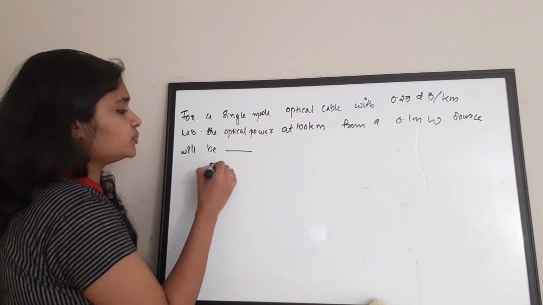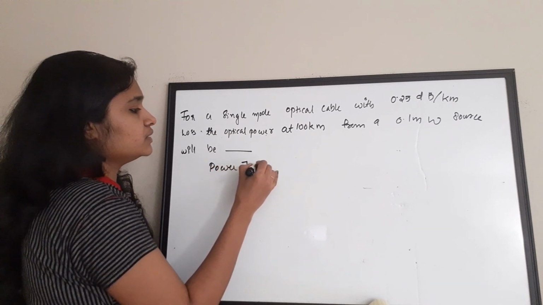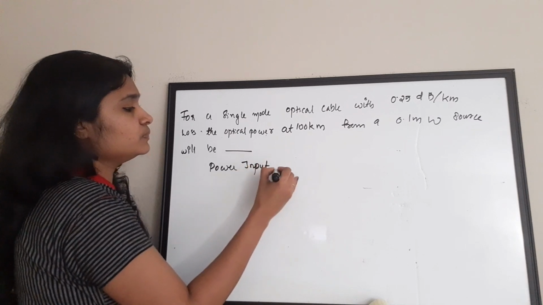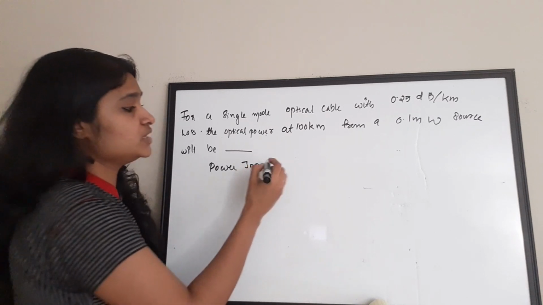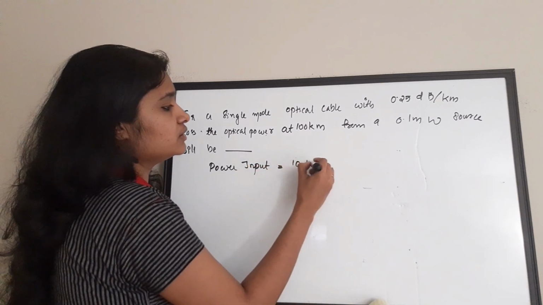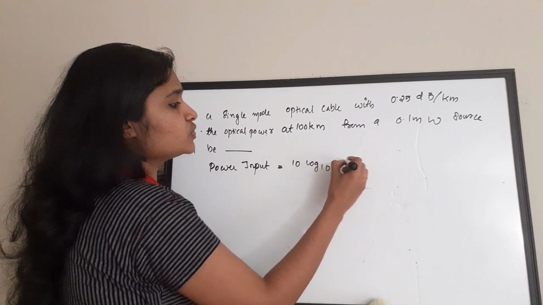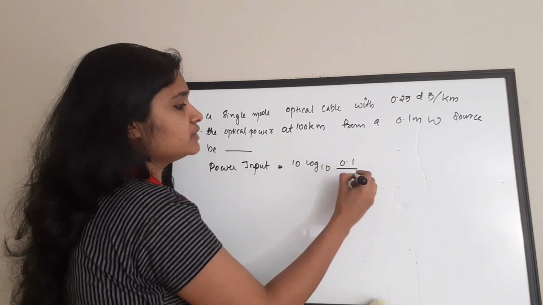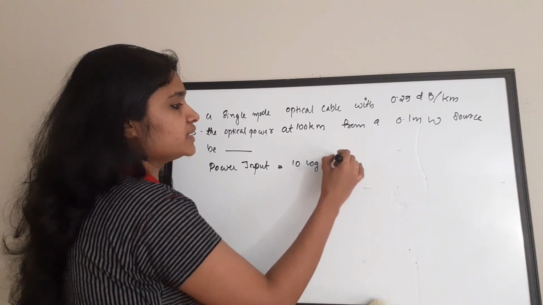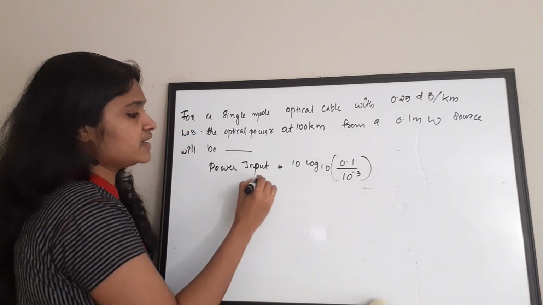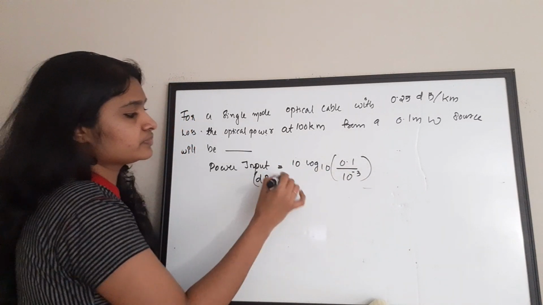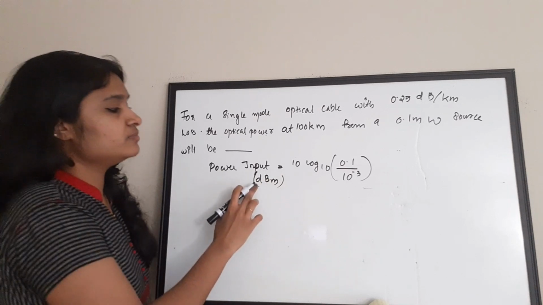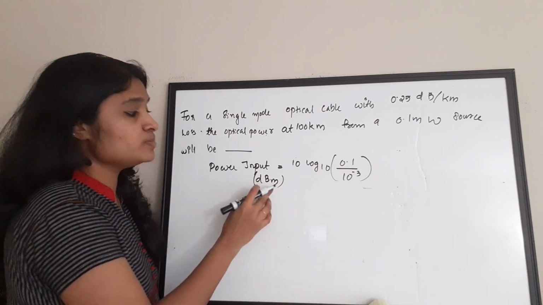So the power input, if you take the value in dBm, it will be 10 log 10 of 0.1 by 10 raised to minus 3. This is the value in dBm, that is the power in dB with respect to milliwatt power.